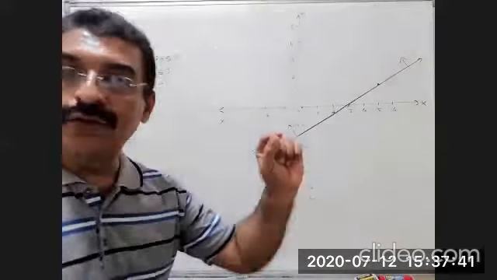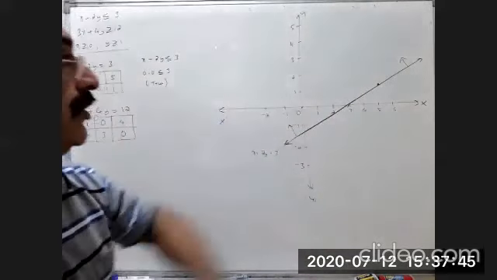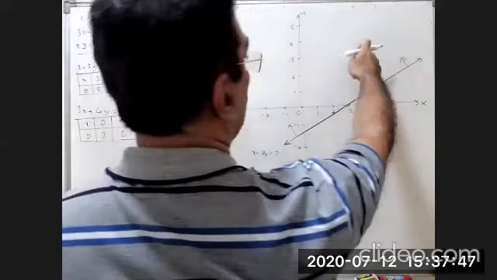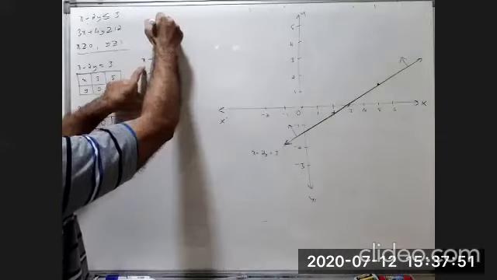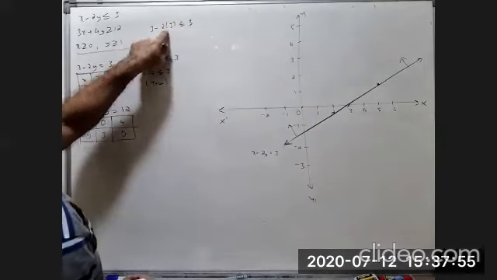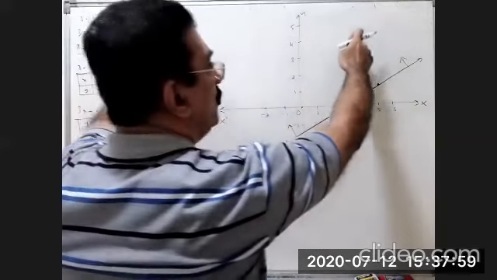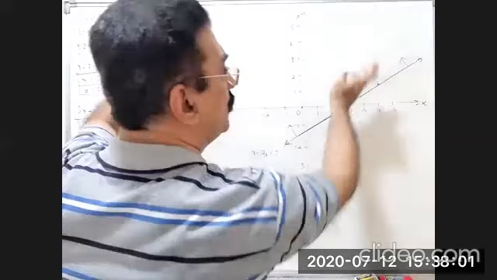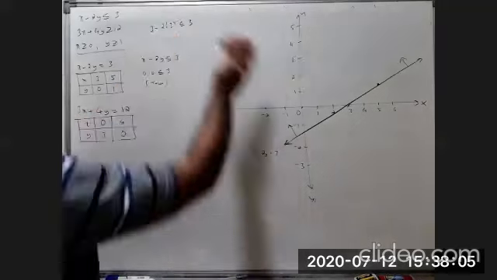The actual rule is that instead of 0, 0 we can take any point. For example, if you are taking 3, 3, this becomes 3 minus 2 into 3, 3 minus 6, minus 3 less than or equal to 3. Correct, true. So the half plane is the same again. Here we need calculation, whereas 0, 0 is very easy.